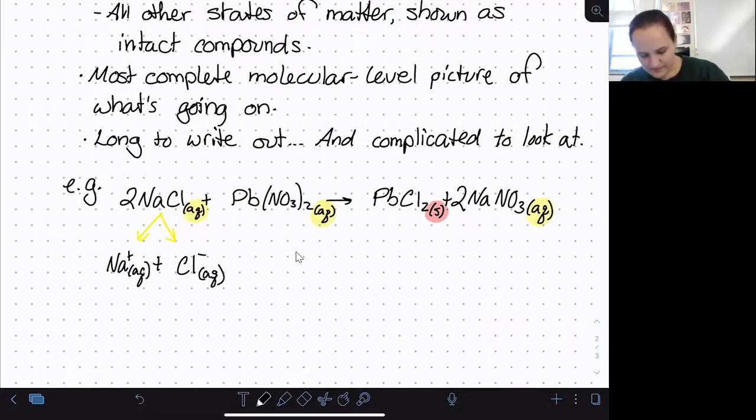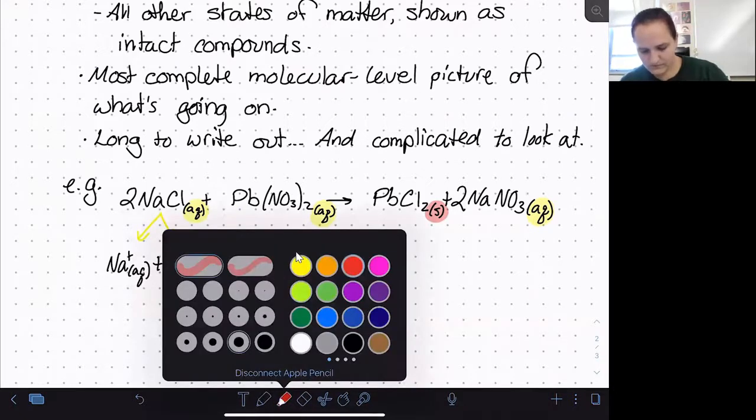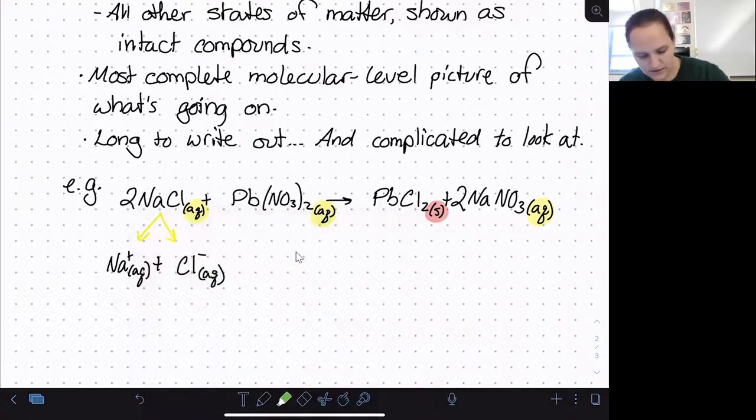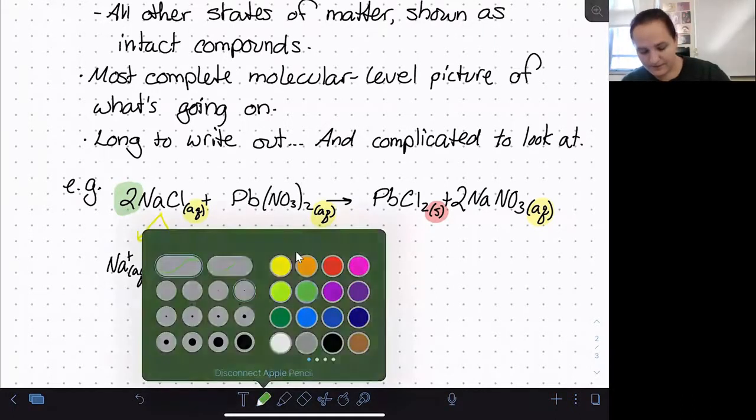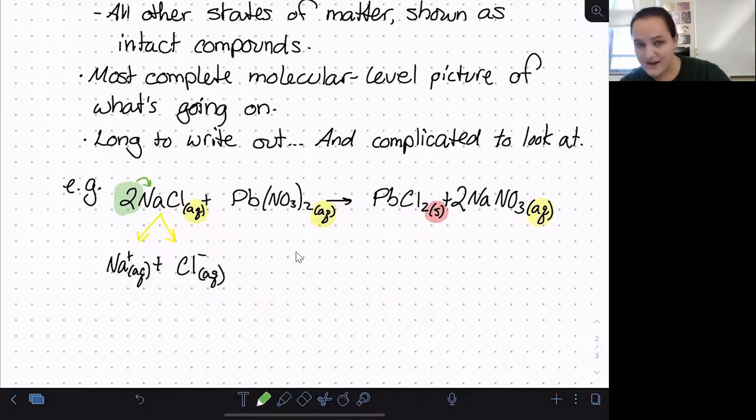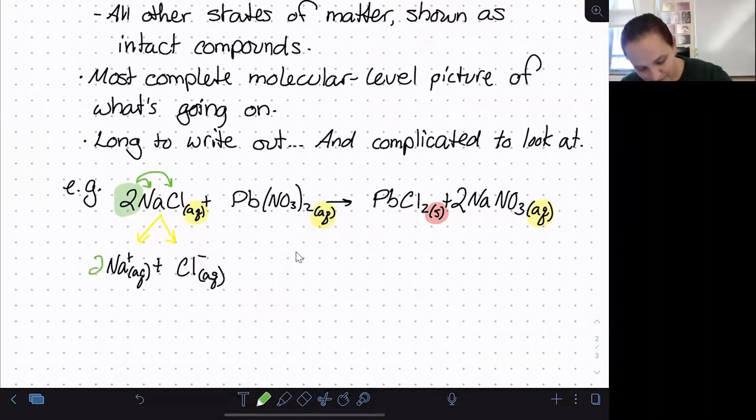Now, this coefficient of 2 applies to that whole compound. That means we have 2 NaCl. So that means we have 2 Na and 2 Cl. So that coefficient is going to end up applied to both of those in our total ionic.